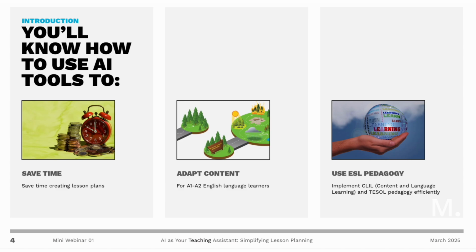All right, so by the end of the session, you'll know how to use AI tools to save time creating lessons, adapt content for A1, A2 band English language learners, who happen to be the most challenging, I think, to teach, and also implement CLIL, or Content and Language Integrated Learning, with the TESOL pedagogy, using ChatGPT, and you will do that efficiently.